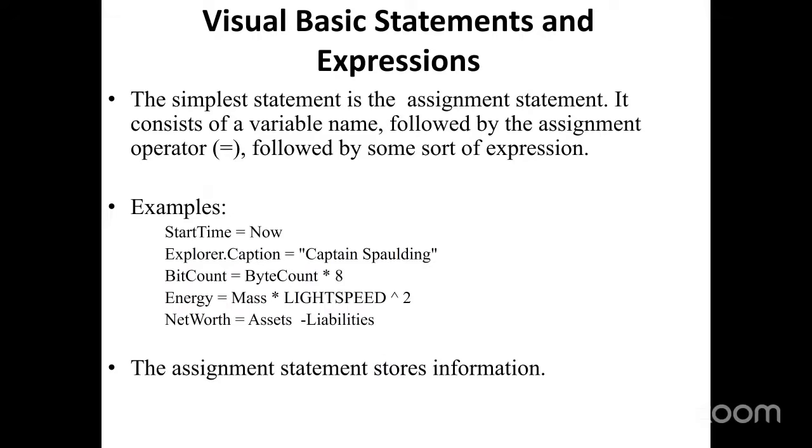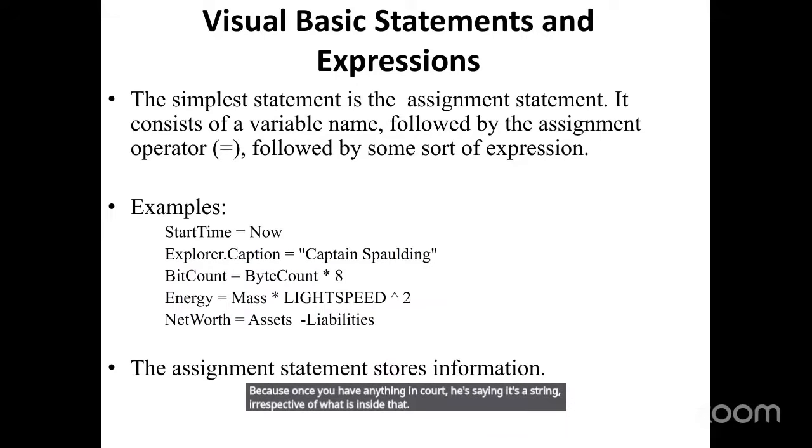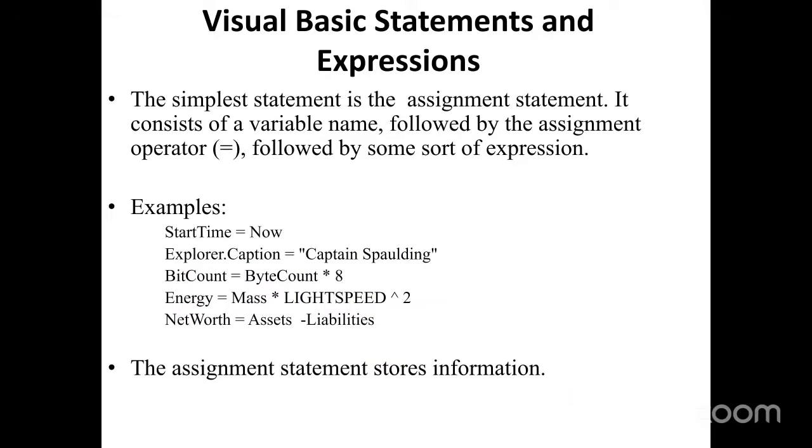Once you have anything in quotes, it's a string, irrespective of what is inside. Whether it is a number or a symbol, it is seen as a string. So you see, that is tricky.